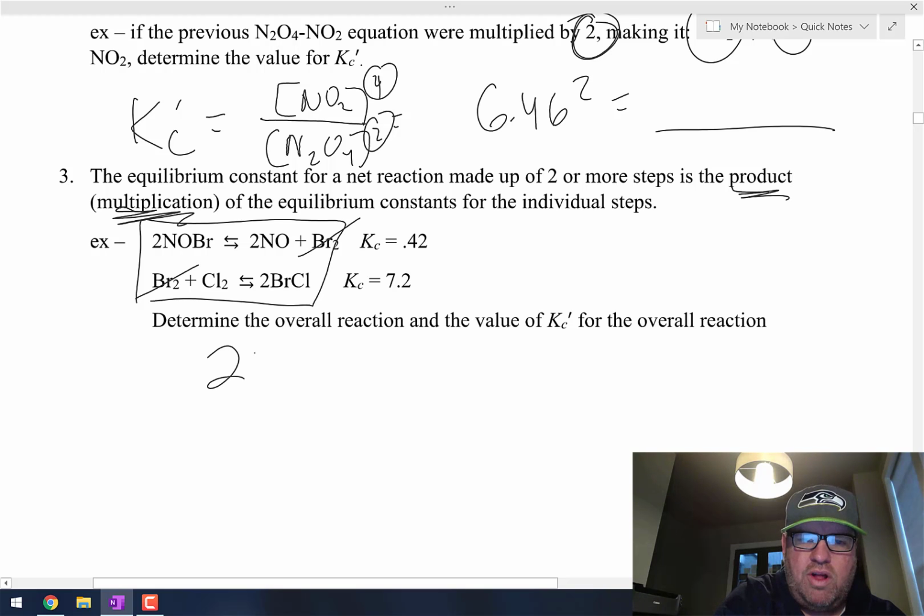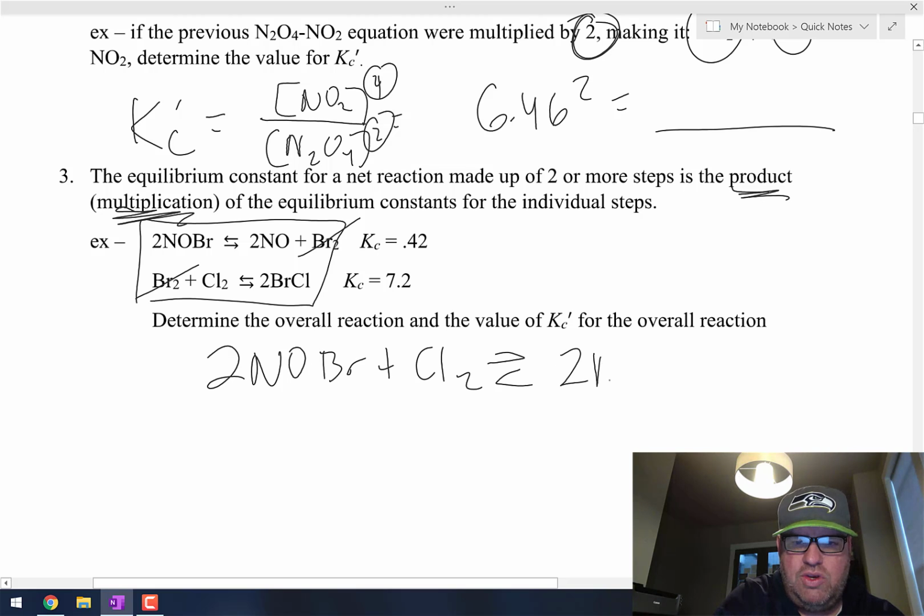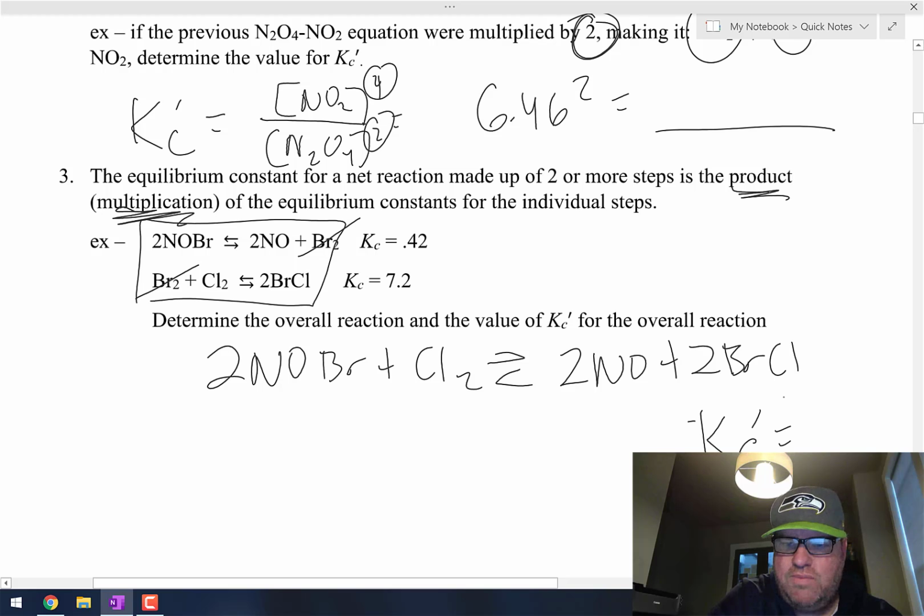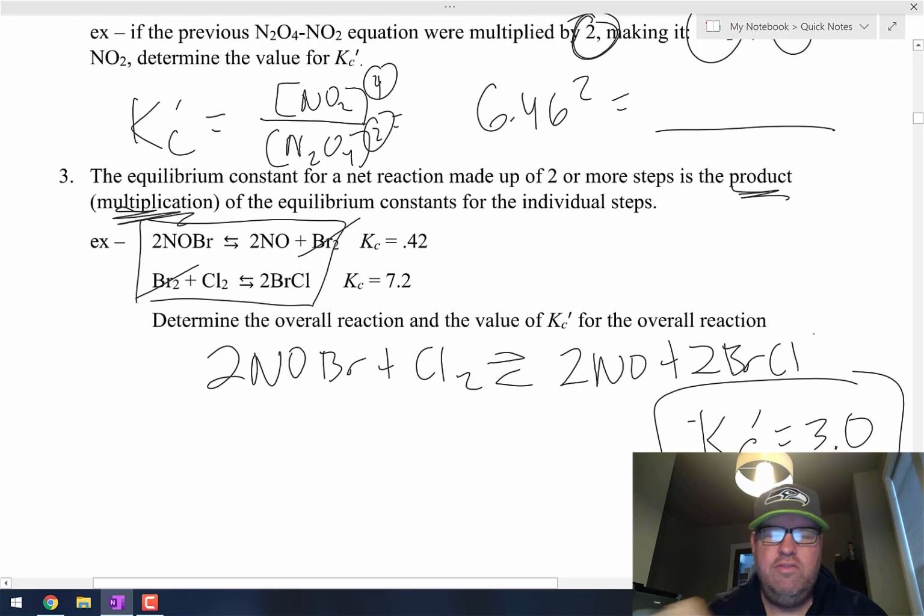So the overall equation is going to be 2 NOBr plus Cl2 in equilibrium with 2 NO plus 2 BrCl. Okay, and the equilibrium constant for that reaction, we're just going to take 7.2 and multiply by 0.42. And we get 3.0 would be the equilibrium constant for that one.